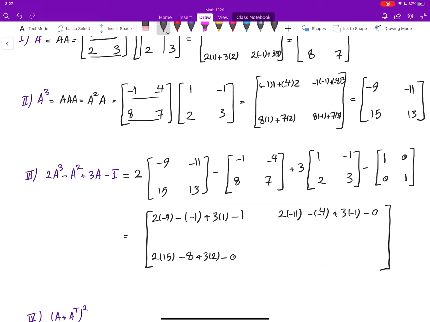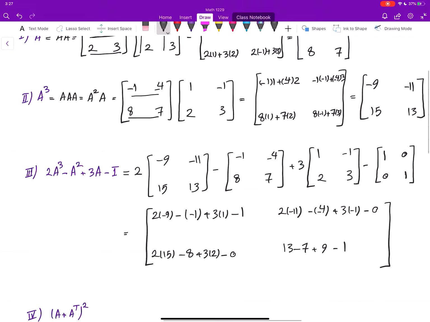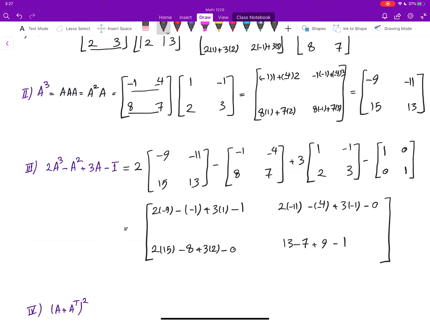And the last one is 13 minus 7 plus 9 minus 1. And you compute then the entries. Let me leave it like that, and you can do the rest of this example.